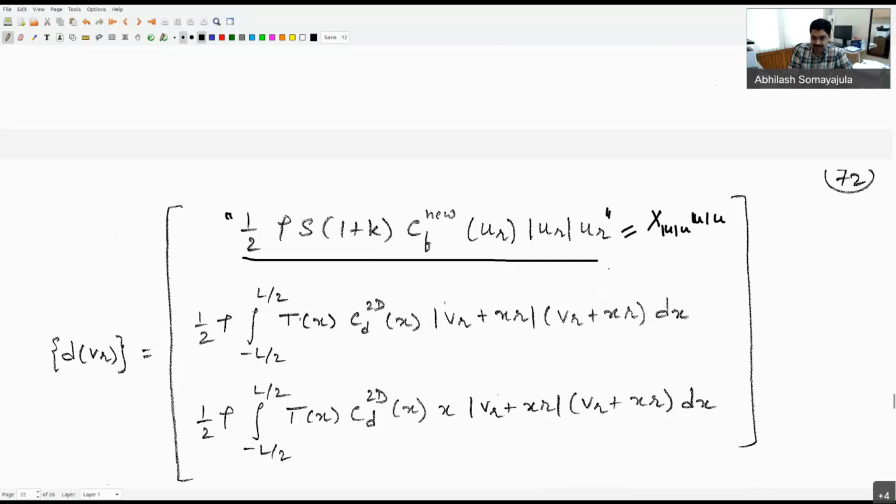So similarly, this term is equivalent to Y_|v|v times |v|v plus Y_|v|r times |v|r plus |r|v times |r|v plus Y_|r|r times |r|r.